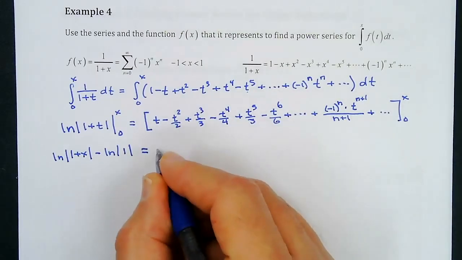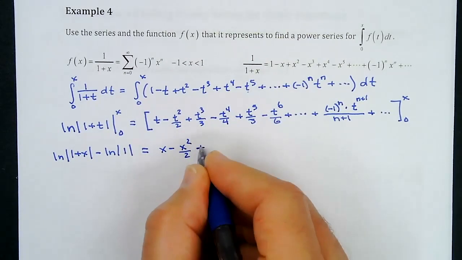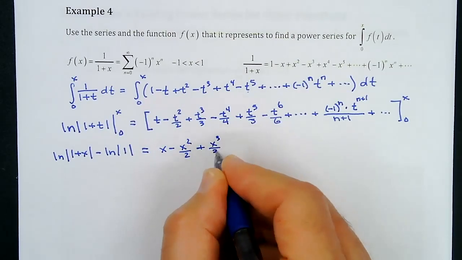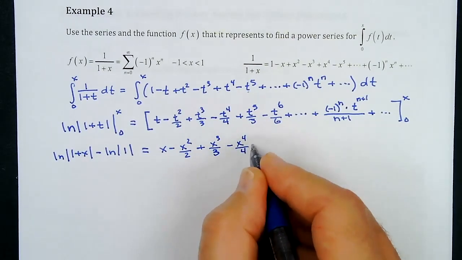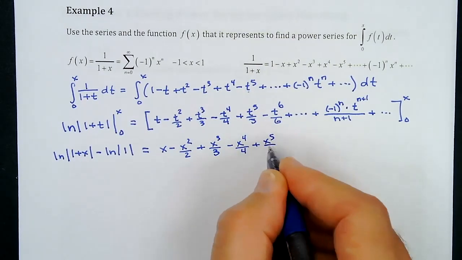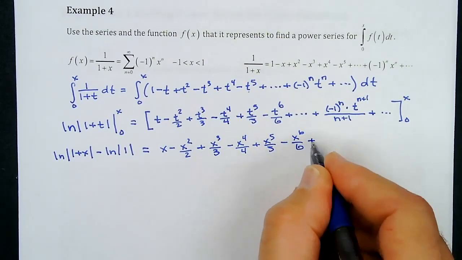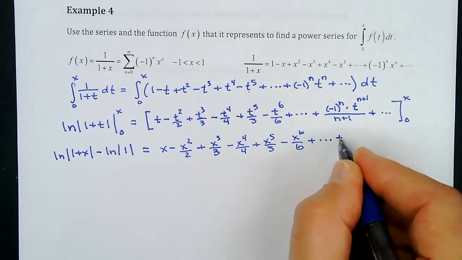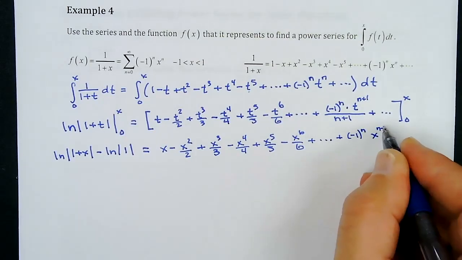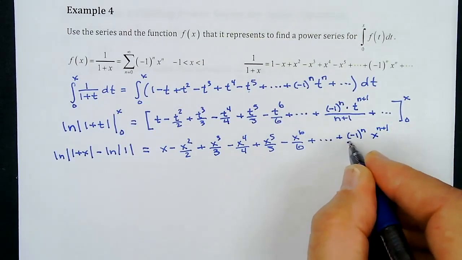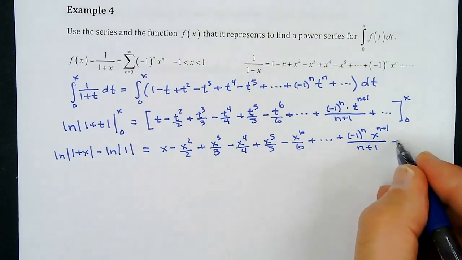So this is equal to x minus x squared over 2 plus x cubed over 3 minus x to the 4th over 4 plus x to the 5th over 5 minus x to the 6th over 6 plus dot, dot, dot, plus -1 to the nth x to the n plus 1 all over n plus 1, plus dot, dot, dot.